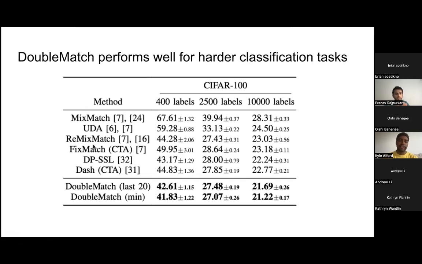And yeah, this is just the same image, just zooming in on CIFAR 100 to see the lower error rates, which is essentially what I was talking about before.